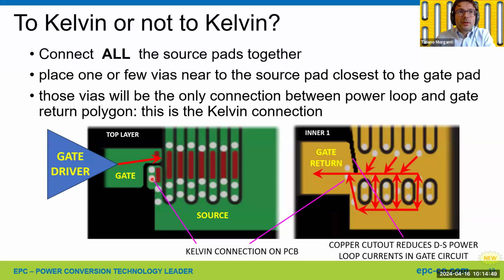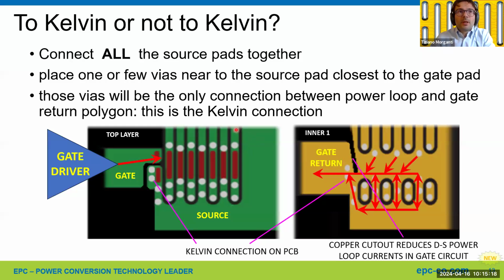You need to place one or, if possible, more vias close to the source pad which is closer to the gate, and this will build the Kelvin connection to the gate driver. And again, the gate return polygon will be connected to those two vias here.